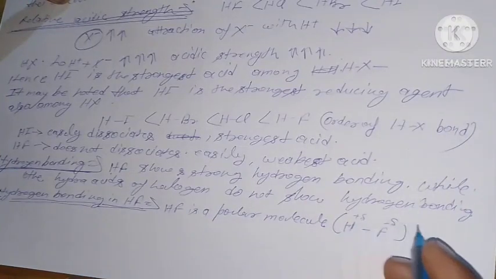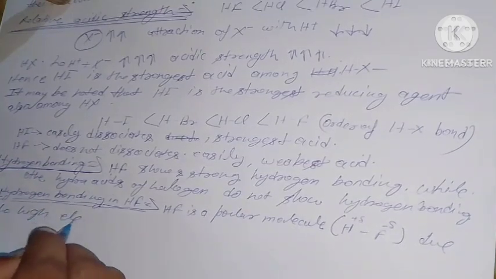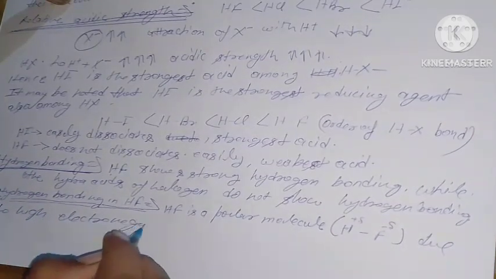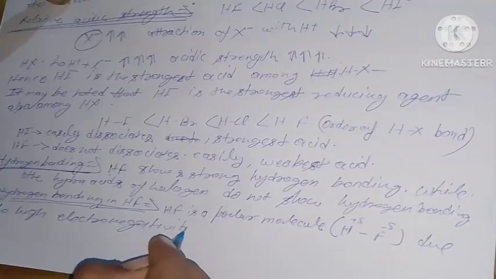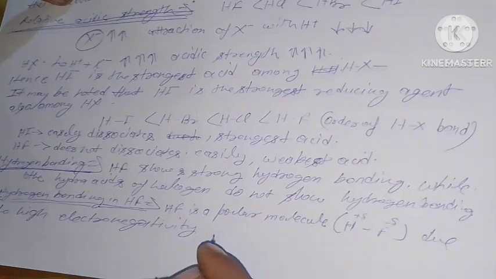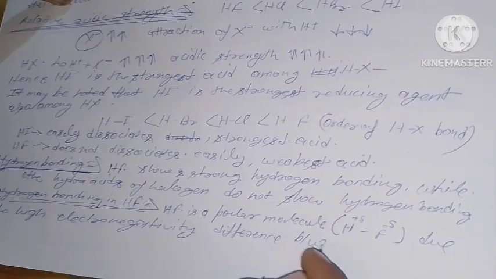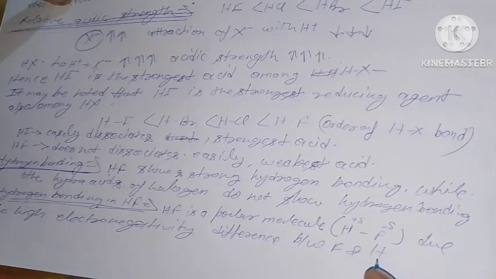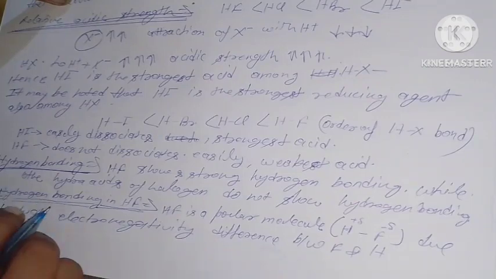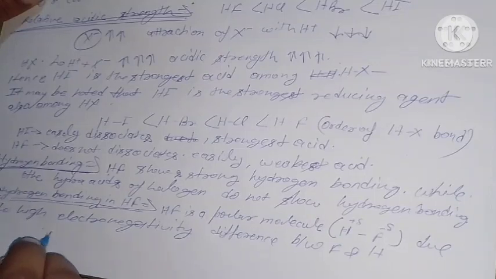Due to high electronegativity difference between fluorine and hydrogen and a small size of fluorine, the positive end of one molecule is attracted by the negative end of the other molecule, okay?